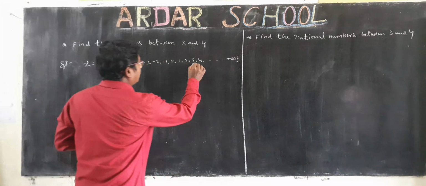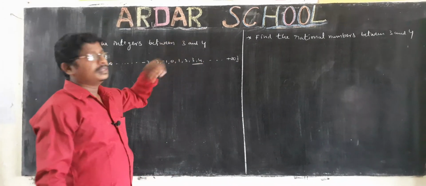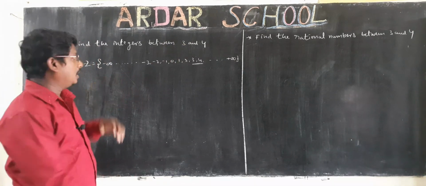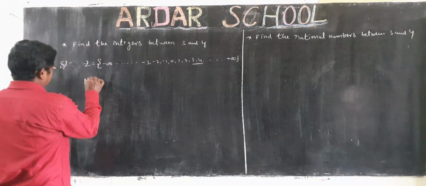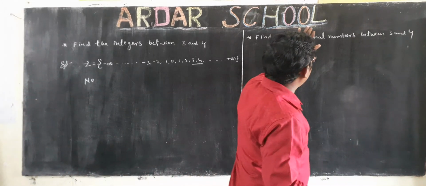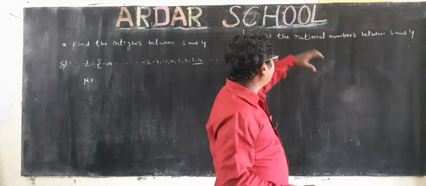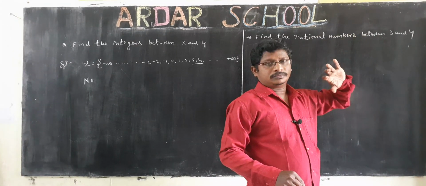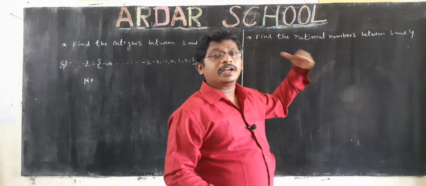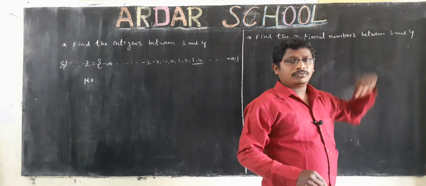Here 3 and 4. There is no integer between 3 and 4. In the same way, find the rational numbers between 3 and 4. How many rational numbers are there between 3 and 4? Yes, there are an infinite number of rational numbers between 3 and 4.